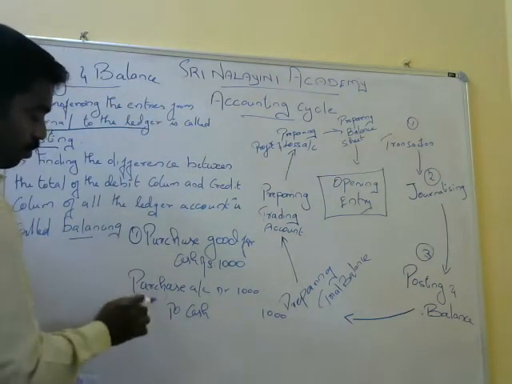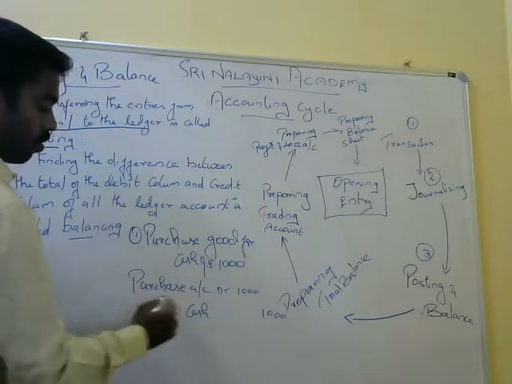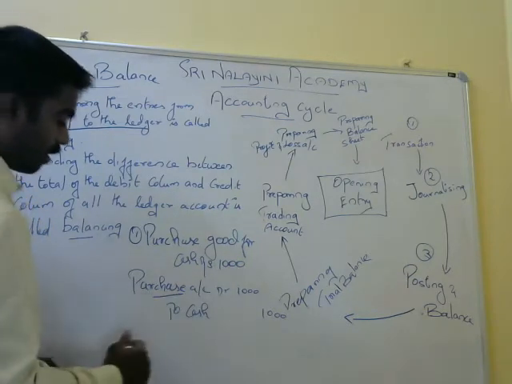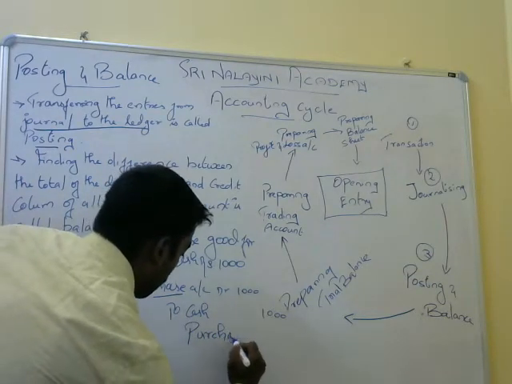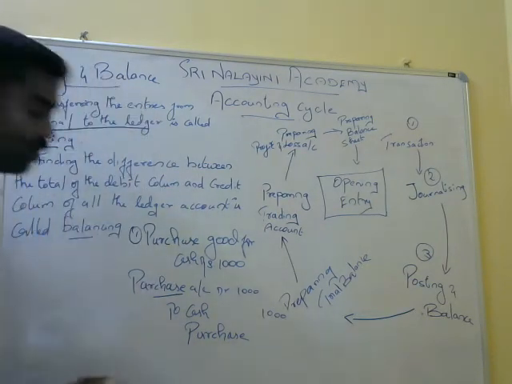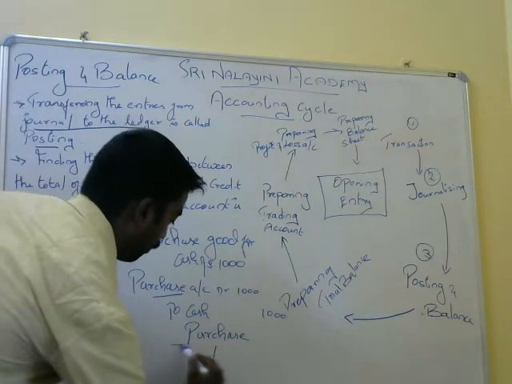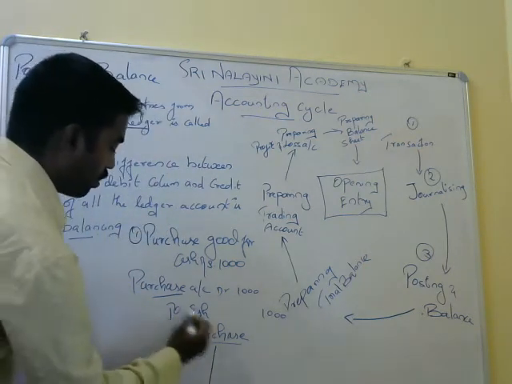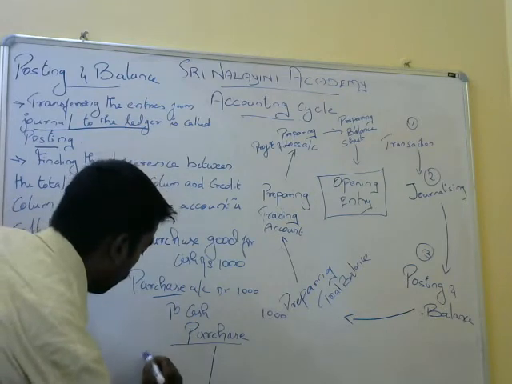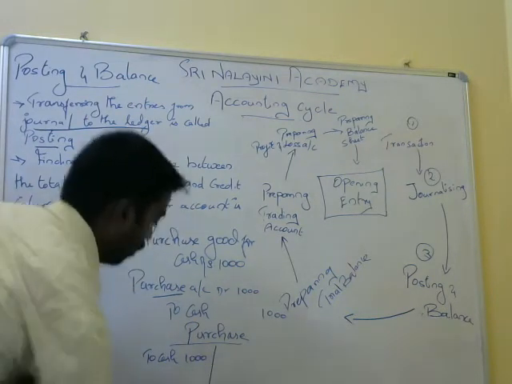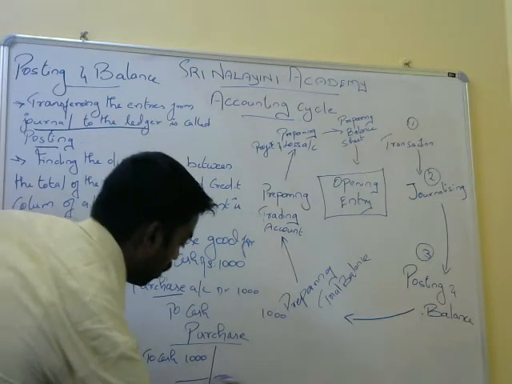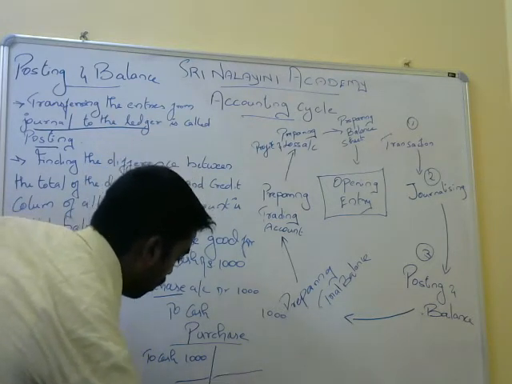There are 2 accounts: purchase account debit to cash account. So for purchase, we have to take a separate ledger head. This is purchase. So on which side will it be? To cash. It's on the debit side. So, to cash account 1000. So when we close the account, 1000.